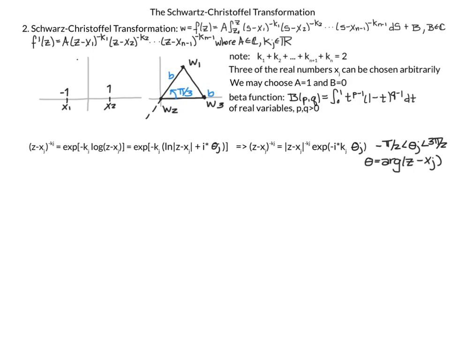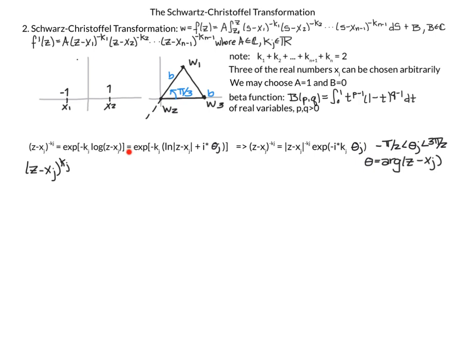This last formula we will be using is (z minus x sub j) raised to the minus k. This should be a sub j, but my software didn't let me write that. So let me just do this: (z minus x sub j) all raised to the k sub j. We can rewrite this by taking the exponent and the log of z minus x sub j, and also taking this minus kj down as a multiplier.